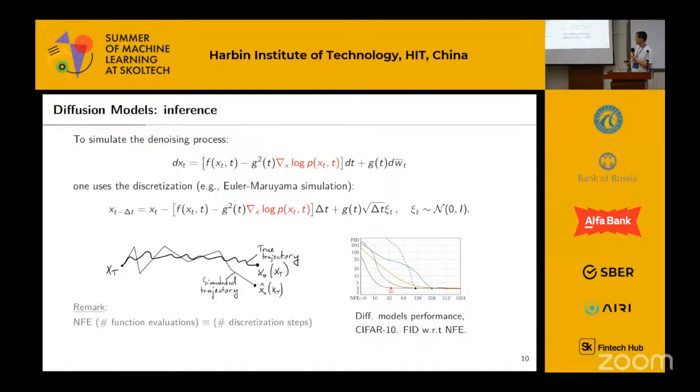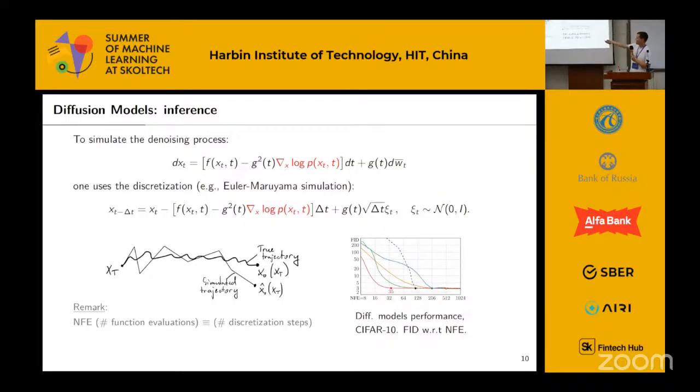So basically, how is this done? This slide was in the first presentation as well. We need to simulate the trajectories of our backward diffusion equation. And this is done by standard schemes like Euler discretization.